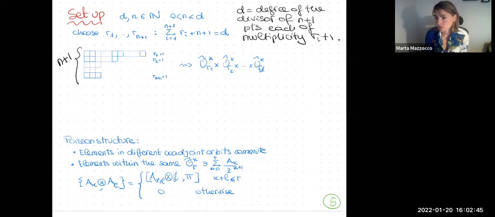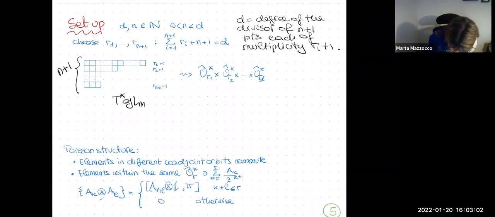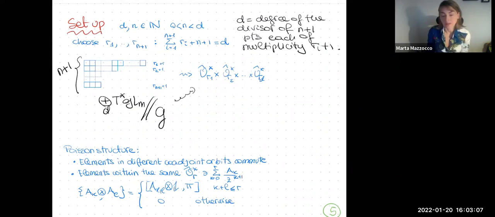According to the arrangement I choose, we can select a group action which will send our universal phase space by some group action to a product of coadjoint orbits, and these are coadjoint orbits in the truncated loop algebra, in which we have truncated at order r plus 1.